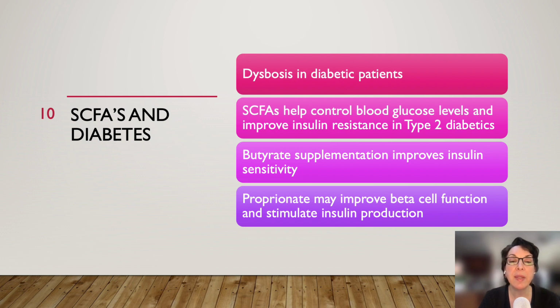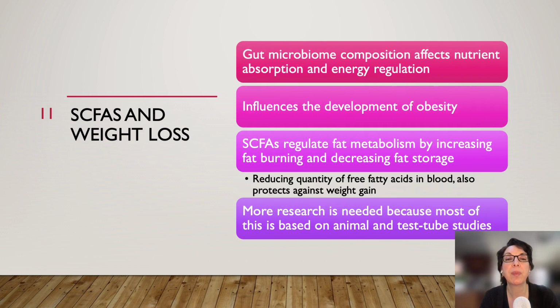Because you know that insulin is secreted by the beta cells of the pancreas. So there is a role for short chain fatty acids in controlling dysbiosis in diabetic patients, and in sugar control by improving the function of the beta cells to produce insulin.